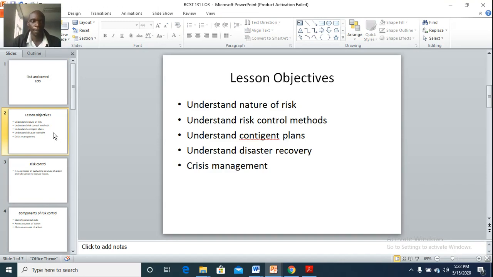As a norm, you have to know the objectives of the lesson. We have to be able to understand the nature of risk, the methods of controlling risk that we have, and the contingent plans. You should be able to understand disaster recovery and crisis management.